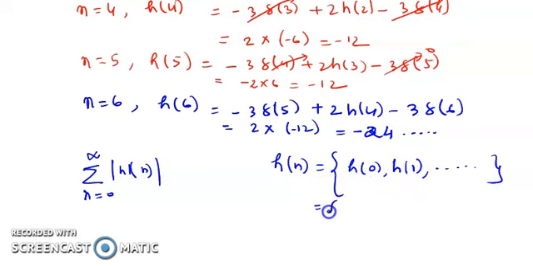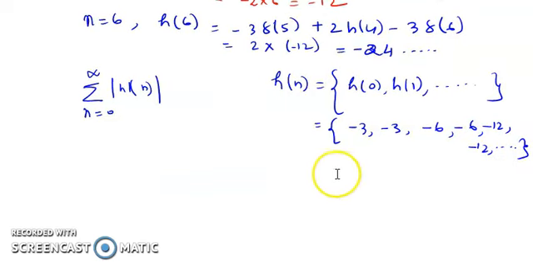So these values will be here: h0 was -3, h1 was -3, h2 was -6, h3 was -6, h4 was -12, h5 was -12, and so on. So all the values we have not calculated, but this will go like this.